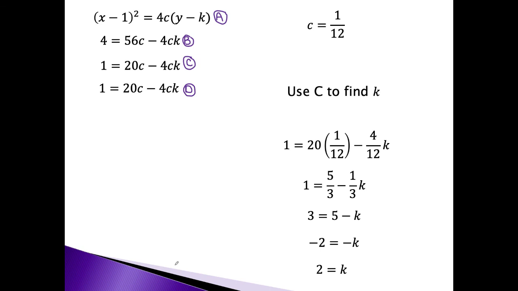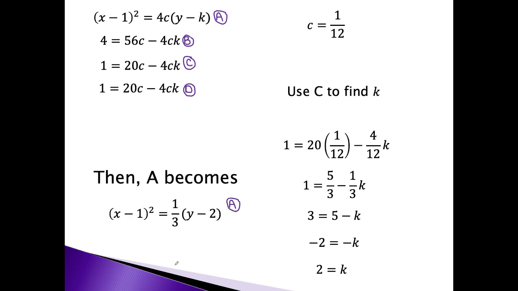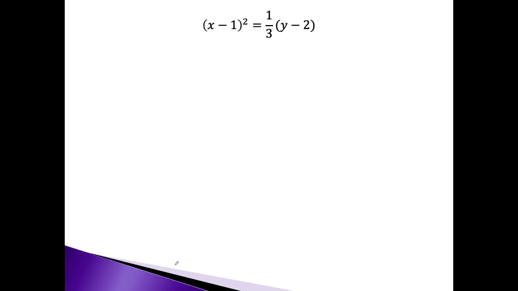Putting k equals 2 and c equals 1 over 12 into A and simplifying, we have that A becomes x minus 1 quantity squared equals 1 over 3 times parentheses y minus 2 close parentheses. So the equation of the parabola is x minus 1 quantity squared equals 1 over 3 times y minus 2.